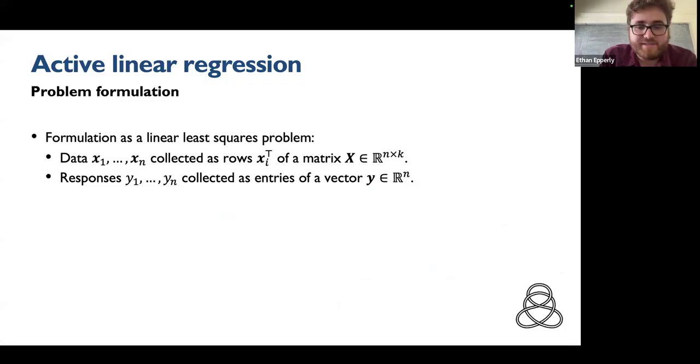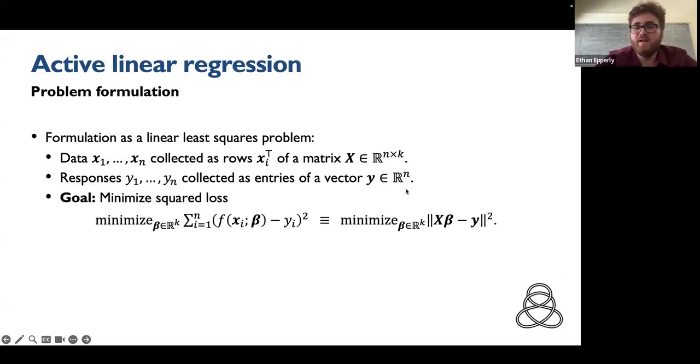Before I talk about how to pick S, let me mathematize this problem a little bit more. The input data X1 through Xn, I'm going to collect as rows Xi transpose of a big tall matrix X. I'm going to collect all the responses, even the ones I don't see, into a vector Y of size n. Now, my goal is going to be to minimize the squared loss, the discrepancy between my model and the correct output squared over all data points.